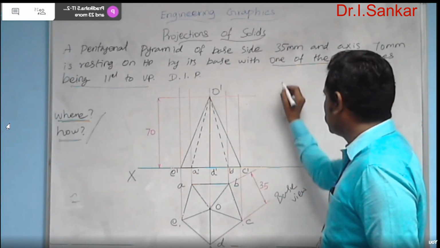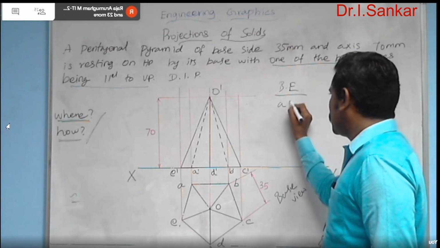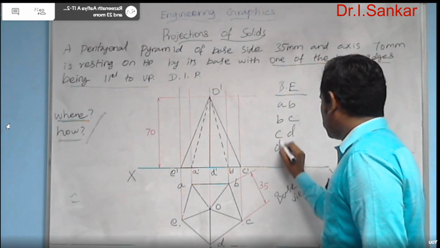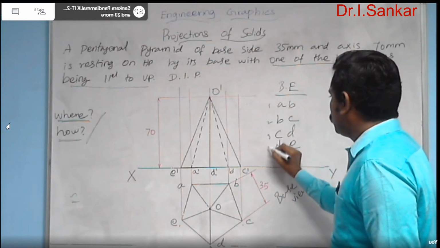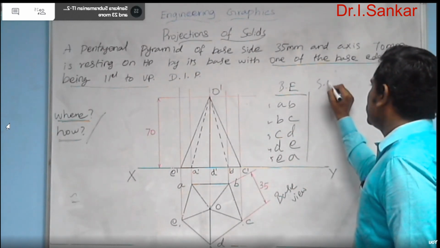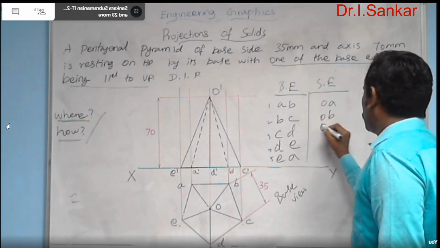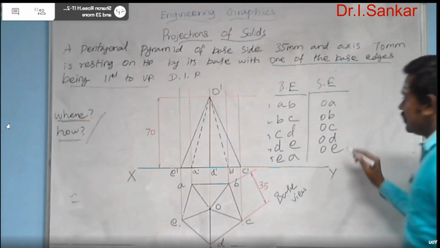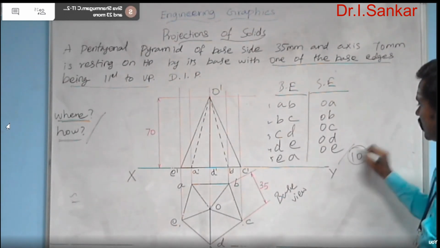Base edges: AB, BC, CD, DE, and finally EA, 1, 2, 3, 4, 5. And the side edges: OA, OB, OC, OD, OE. Totally 10 edges are counted.